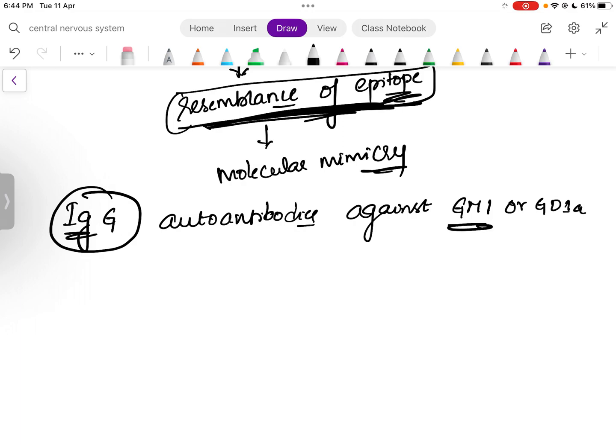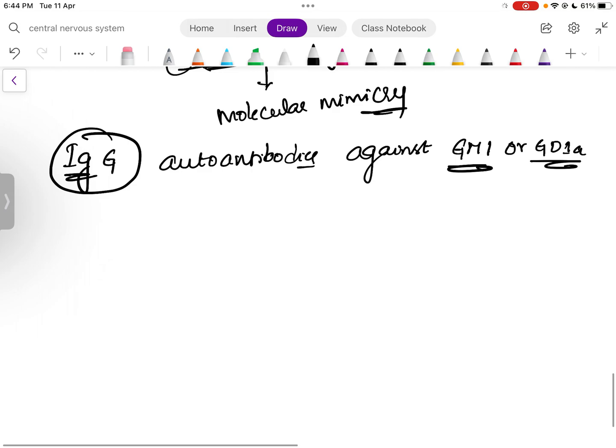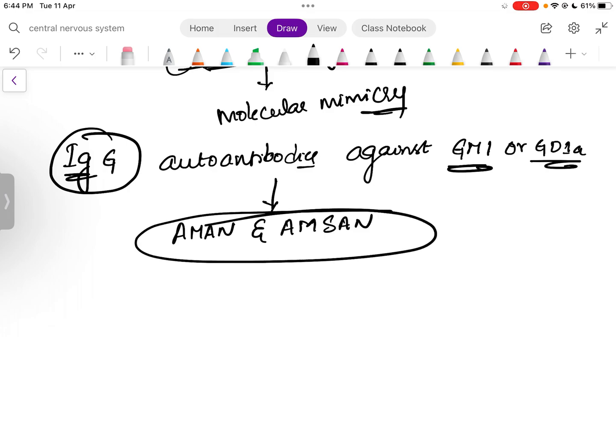When these GM1 or GD1A are attacked by these autoantibodies, we will get acute motor axonal neuropathy and acute motor sensory axonal neuropathy.